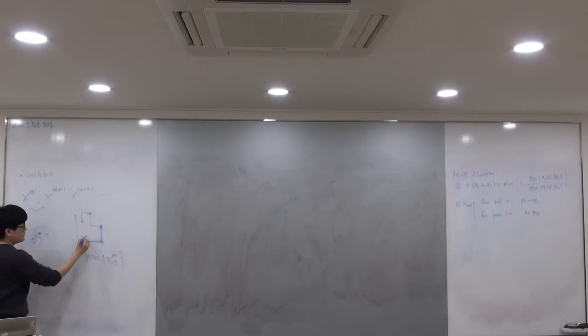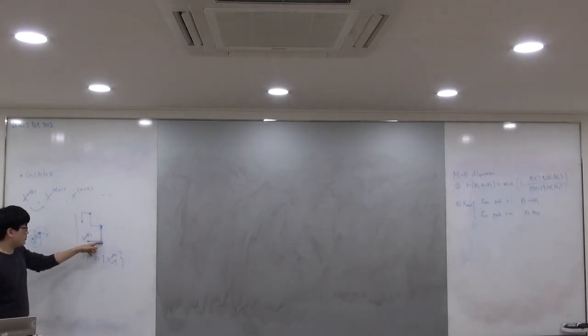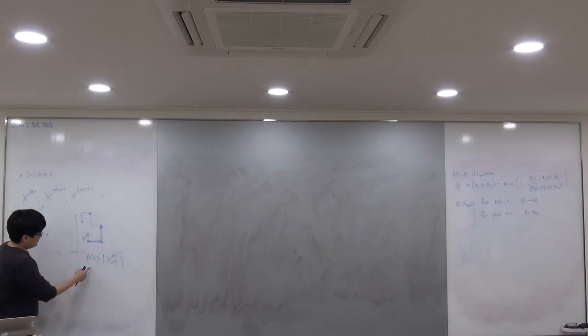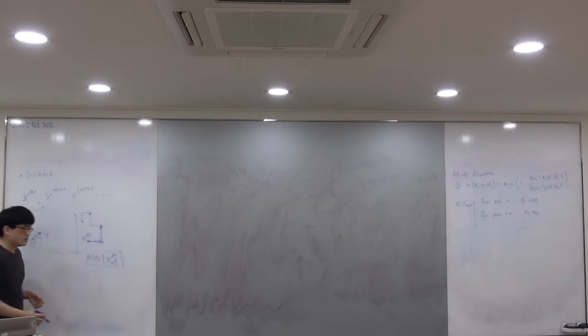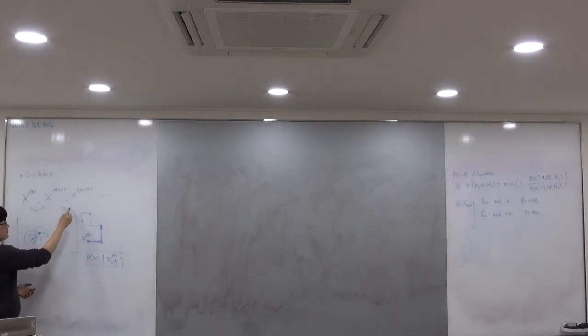So you are at x_t, and you want to sample a new point, and what you need to do is compute the conditional distribution. Because you know the joint distribution, I mean, you are sampling from this one.